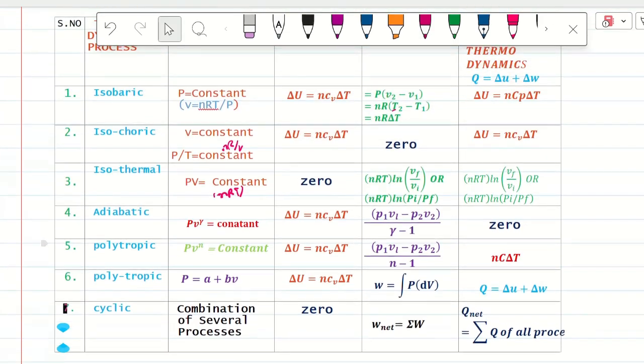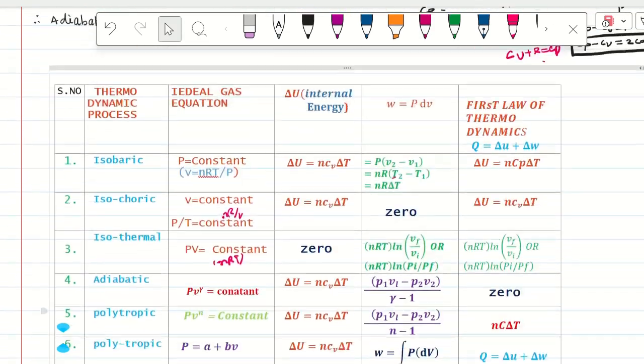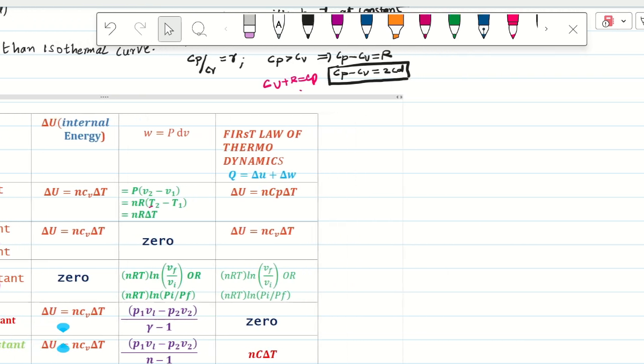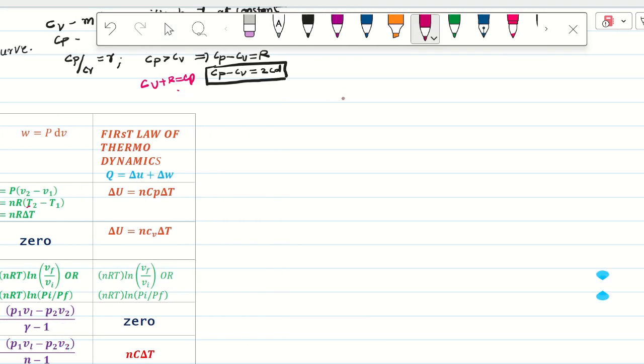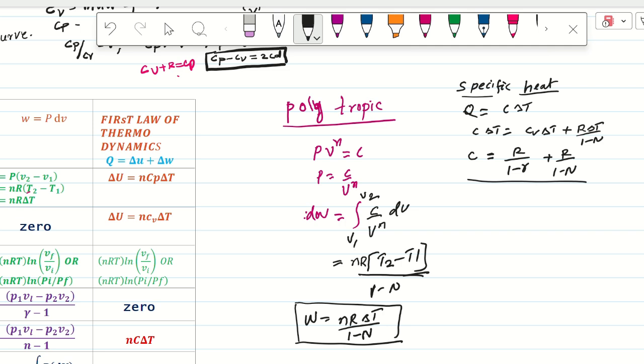Now coming to the polytropic process. In a polytropic process, the relation between pressure and volume is given: PV^n equals constant. Find the work done. dW is the integral from V1 to V2 of PdV. In place of P, C by V^n. So you get C times (V2^(1-n) minus V1^(1-n)) divided by (1 minus n).